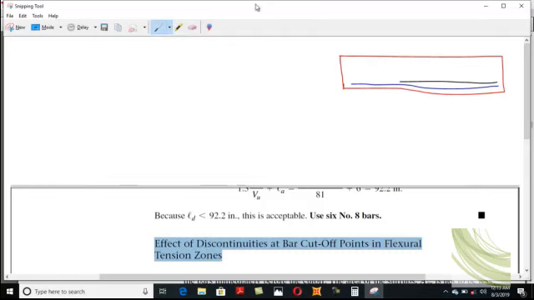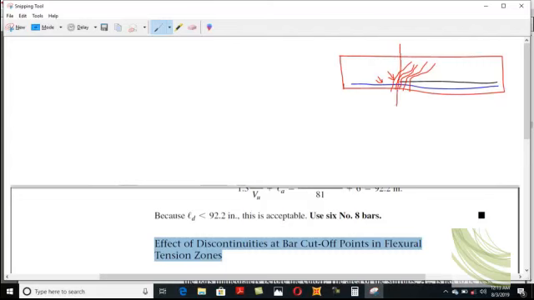Right at this cutoff point, there is shear stress concentration, and due to this shear concentration, cracks develop, clear. Due to this kind of cracking, the whole tension is transferred to these flexure bars, these bottom layers. At this moment the whole tension is taken by the lower bottom bars, so there are a lot of chances of failure at this section.